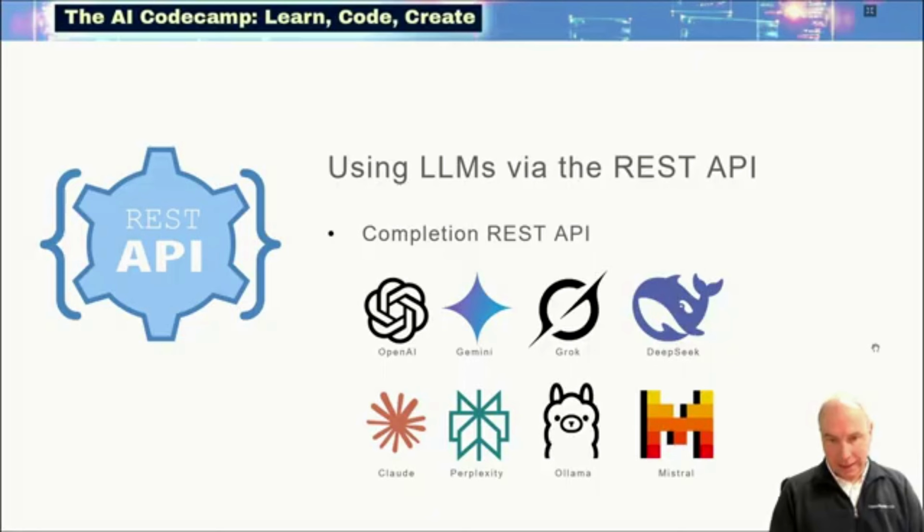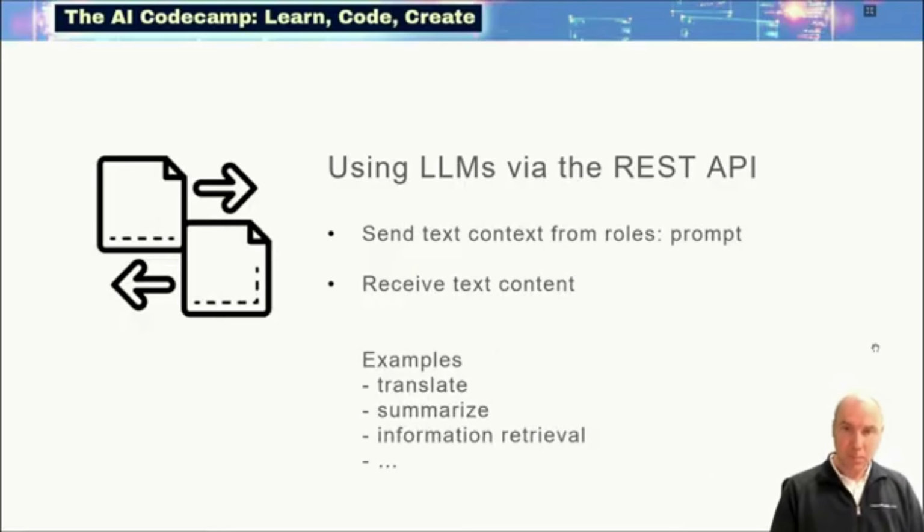OpenAI, ChatGPT is covered, Google's Gemini, the Grok LLM is also covered, the DeepSeek LLM, and then from Anthropic, the Claude, Perplexity is available, Ollama, that is the LLM that you can also locally host on your machine, is also accessible via a REST API. And we conclude with the European-based LLM from Mistral.